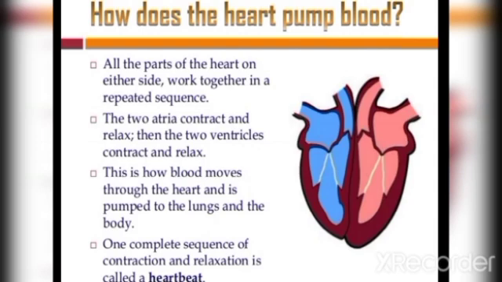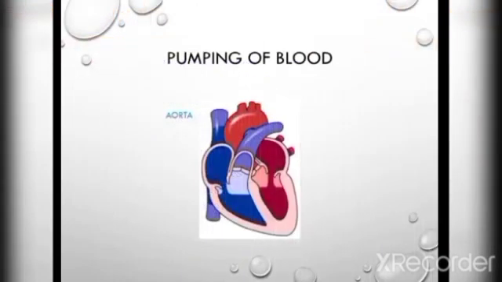The oxygenated blood from the left ventricle is pumped into the aorta and distributed to all parts of the body with the help of arteries, whereas the deoxygenated blood from the right ventricle is pumped into the pulmonary aorta and is transported to the lungs by the pulmonary arteries for oxygenation. Now children, see how the pumping of the heart takes place.